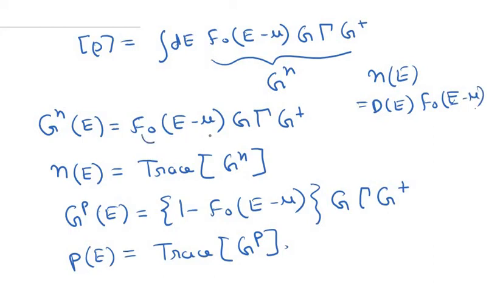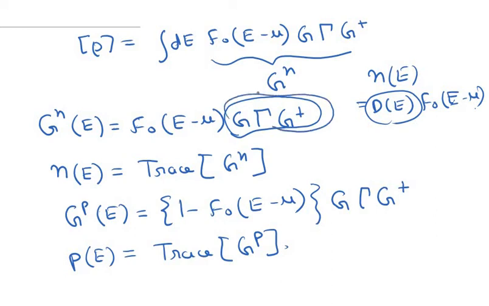Now here we have this Fermi function multiplied by this matrix. So again we can understand that this must be analogous to the density of states. So this must be equal to the spectral function. Okay, so that is the intuitive argument. We can also prove it mathematically. So let us see how this is done.